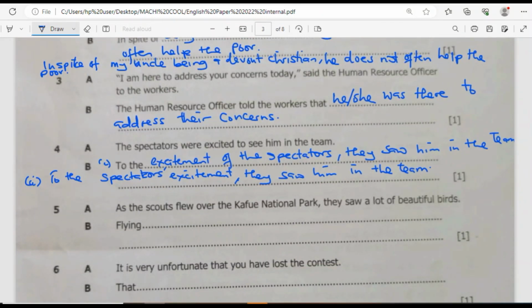As the scouts flew over the Kafue National Park, they saw a lot of beautiful birds.